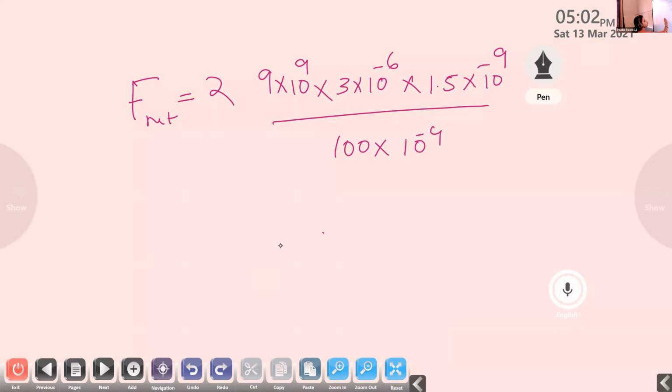So when we solve this, we get 9 × 3 × 1.5.